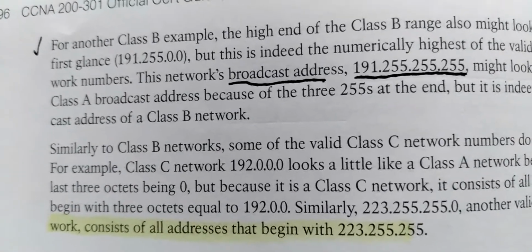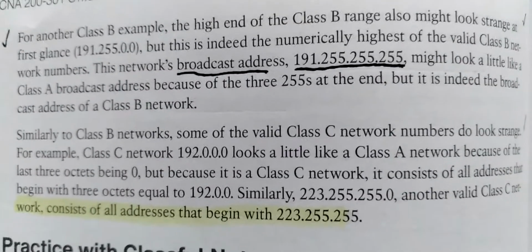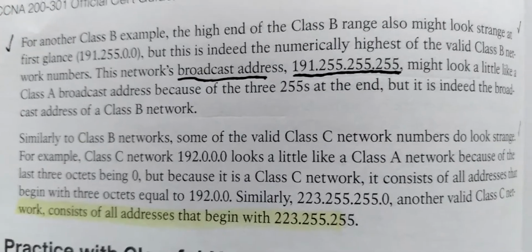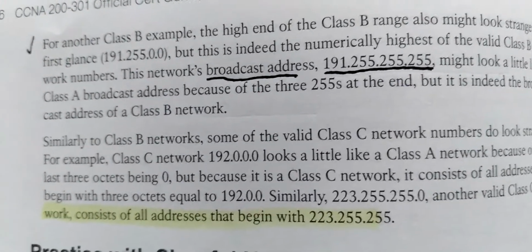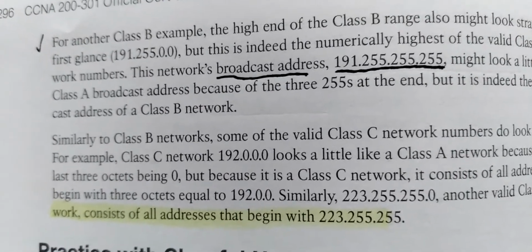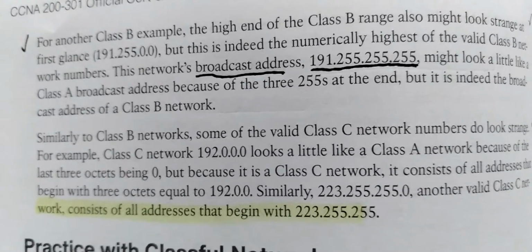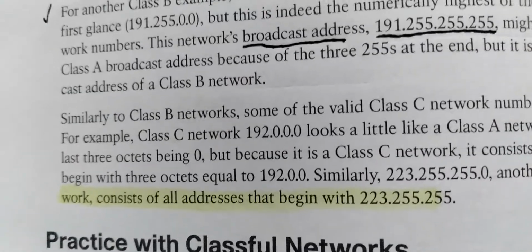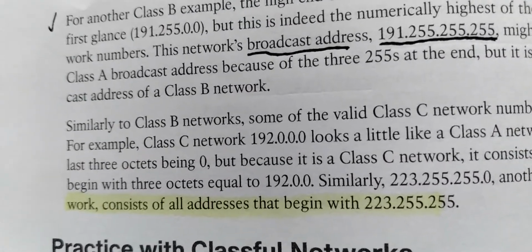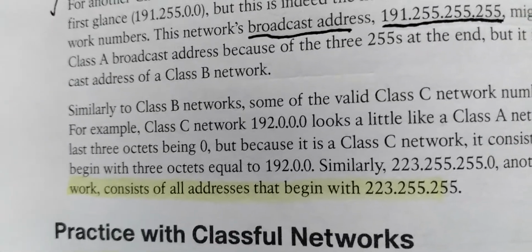But because it is a Class C network, it consists of all addresses that begin with the first 3 octets equal to 192.0.0. Similarly, 223.255.255.0, another valid Class C network, consists of all addresses that begin with 223.255.255. Okay, now these are some key facts for the CCNA exam.